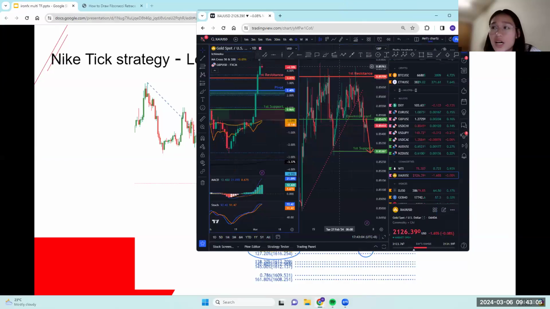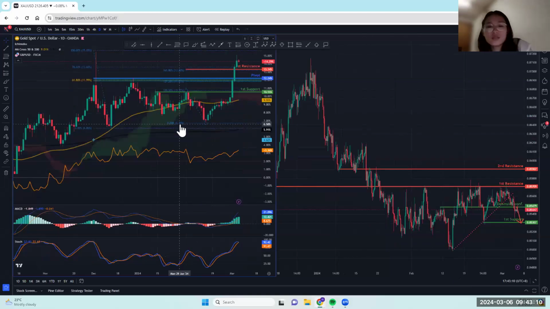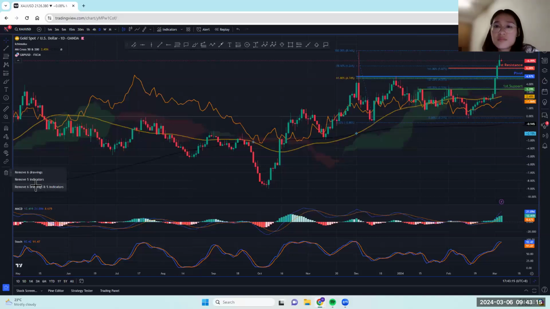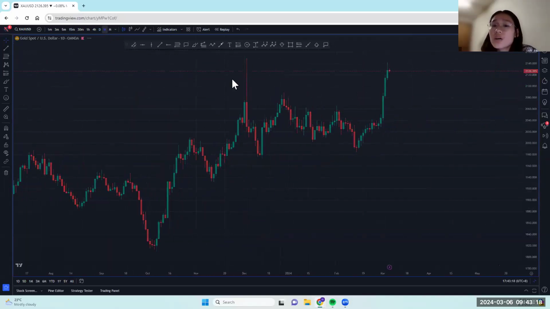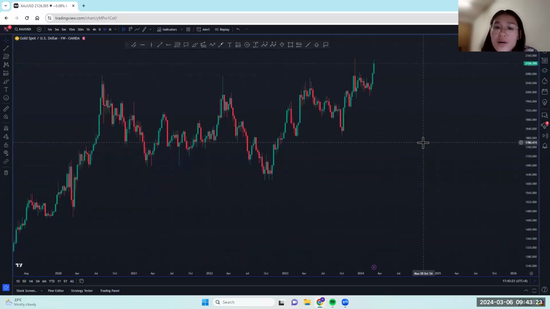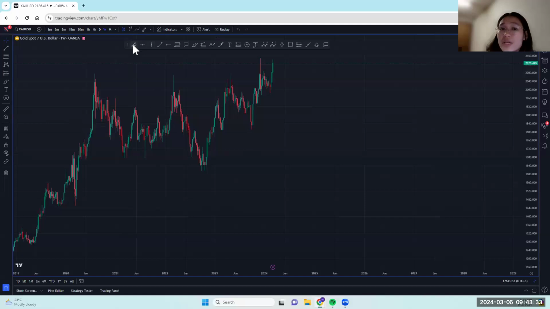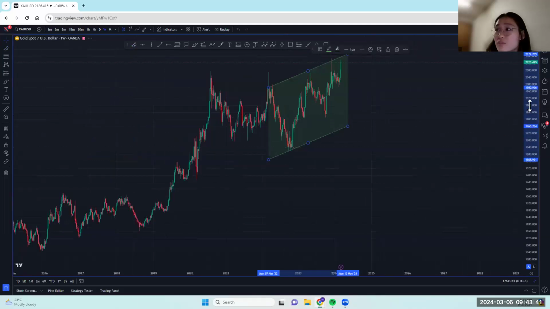Can you guys see my charts? On our weekly time frame, like I mentioned earlier, we want to start off with our higher time frames and then work our way down to the lower time frames so that we get an idea of where price is headed. On our higher time frame, we can definitely see price moving in an uptrend.